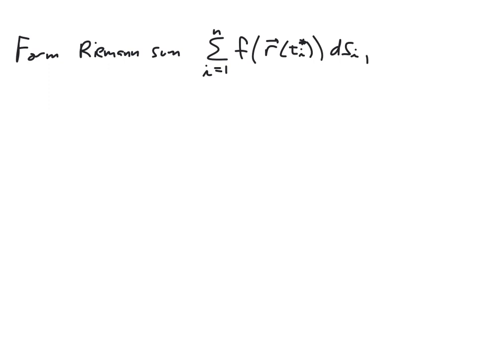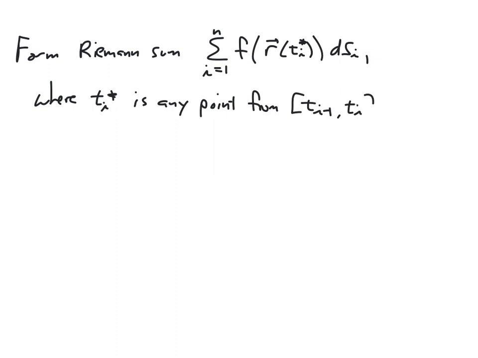we're going to take this with respect to the arc length of that particular arc. And so the only thing I have to do is tell you what t sub i star represents, and this is just any point that I choose from the subinterval t sub i minus 1 to t sub i.